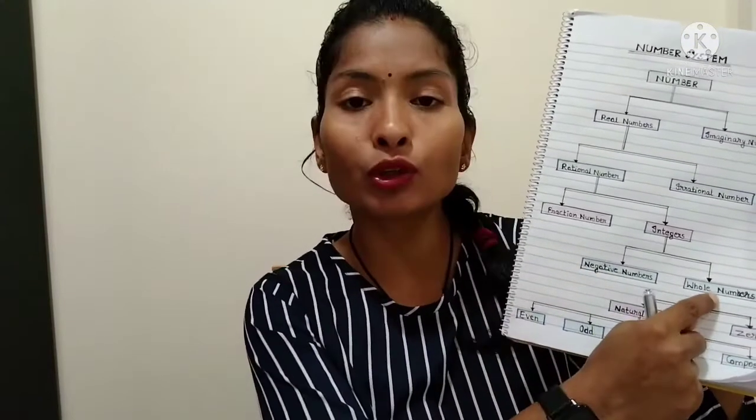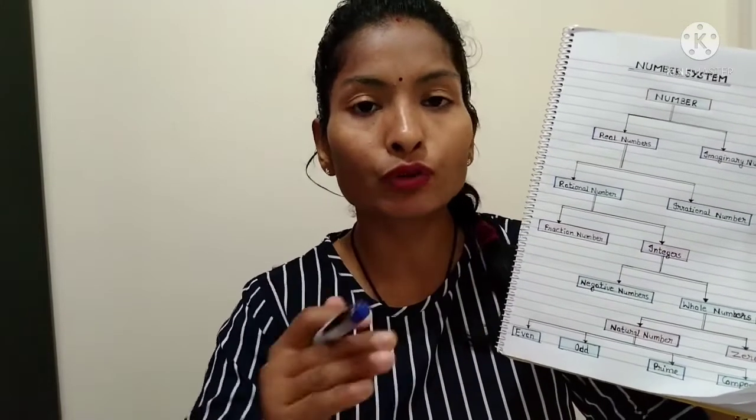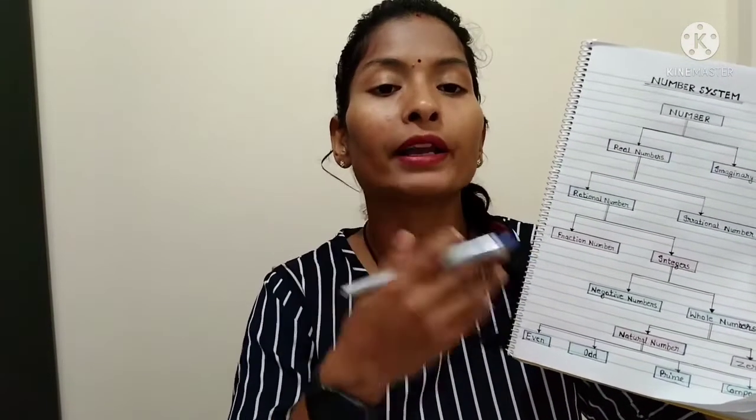Now when we include negative numbers with whole numbers, it becomes integers. 0, 1, 2, 3, 4, 5 up to infinity is called whole numbers. Now we include -1, -2, -3, -4 up to minus infinity. It becomes integers. Now fractions.